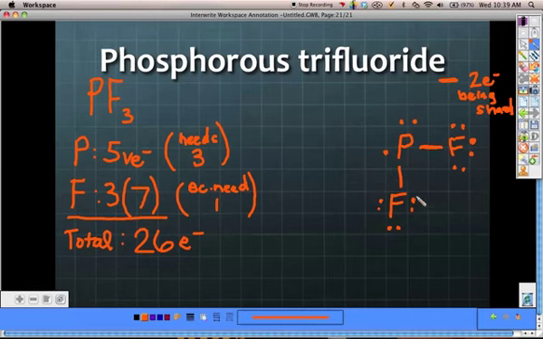So those 2 electrons are being shared in between them now. And then my last fluorine is going to go over here. And I put that way far away. It didn't mean to be. And they will share those 2.